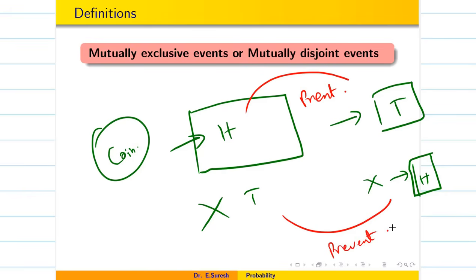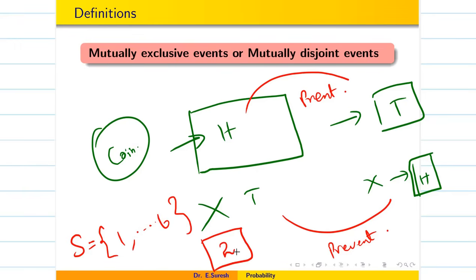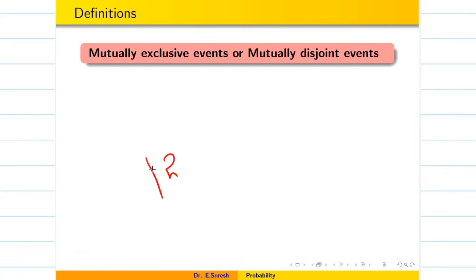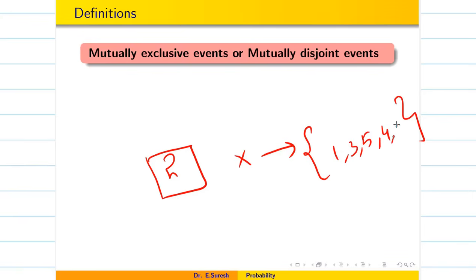So now if you say two events are mutually exclusive, the occurrence of one event will stop the occurrence of the other event. If you say 5 events, you can take this die. So you will have a sample space 1 to 6. So if you throw a die, suppose you are getting 2, that means if you get 2, then it will stop the possibility of occurring 1, 3, 5, 4 and 6.